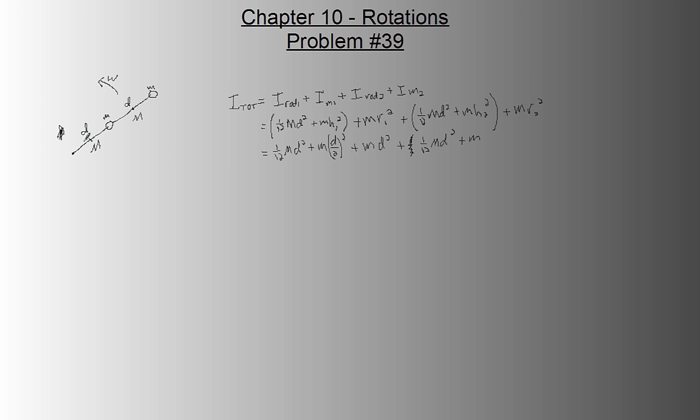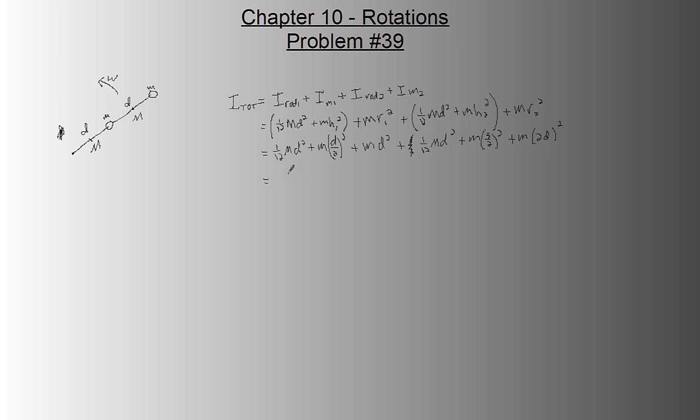Now this is 1.5 d's away, so that's 3/2 squared, plus m, and this one is 2d's away, 2d squared. And a little bit of simplifying.